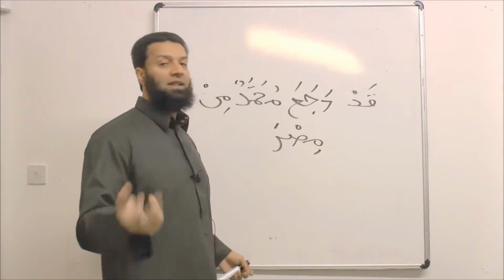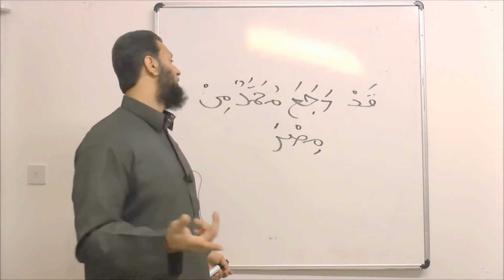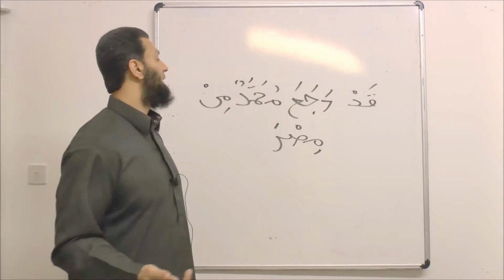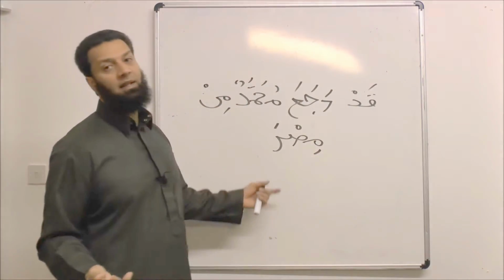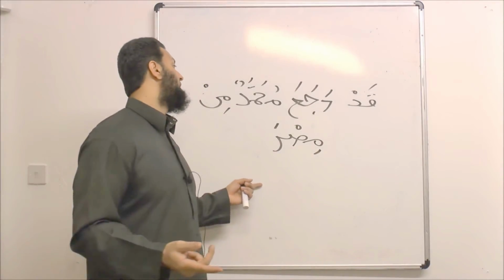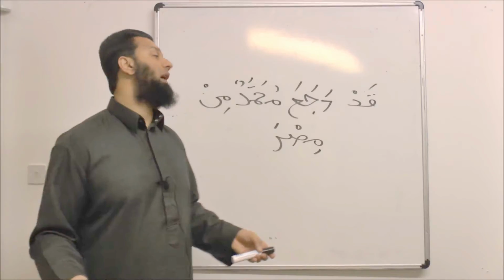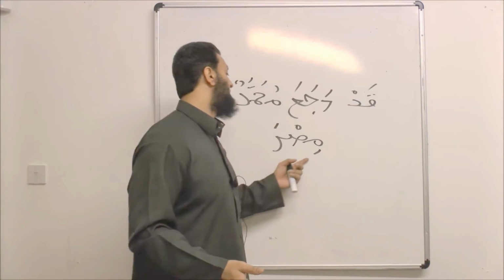No. Do we have seen? No. Do we have sawfa? No. So all we have is qad. So the meaning of this is: qad raja'a Muhammadun min Misra. Indeed, Muhammad has returned from Egypt.